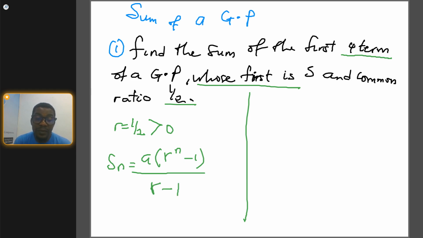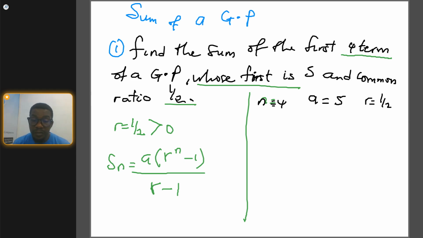So substituting the values, we have n equals 4, the first term a is 5, and the common ratio is 1/2. I need to substitute all these inside the formula that I've written out.